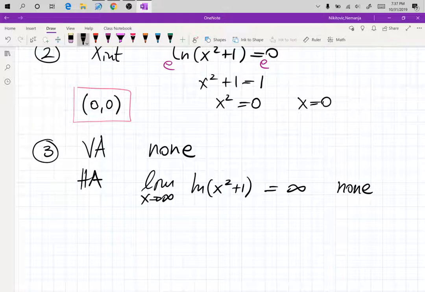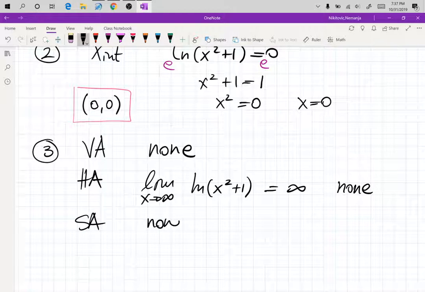You can swap the limit and ln, and if you take the limit of x squared plus 1 to infinity, you will see that you get infinity, and then ln of infinity is still infinity. So no horizontal asymptote and no slant asymptote, because a slant asymptote only occurs when you have polynomial divided by polynomial, when the difference in the powers is 1 in favor of the numerator.